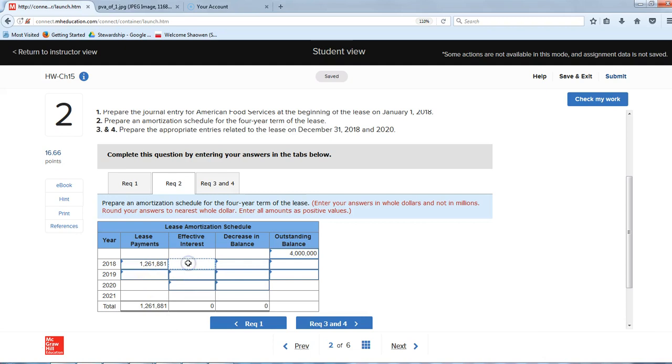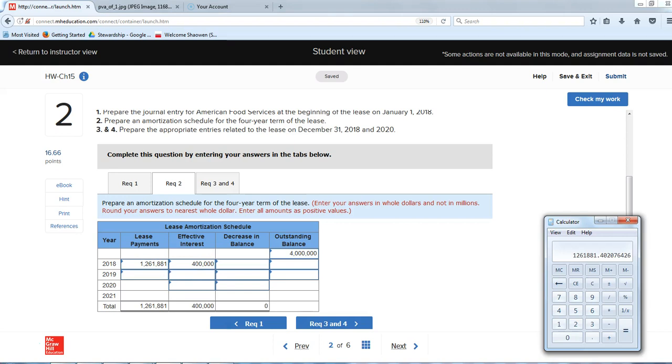Okay. Effective interest is based on the previous balance multiplied by the interest rate. So $4 million multiplied by 10% is 400,000. Then the difference is the decrease of principal.